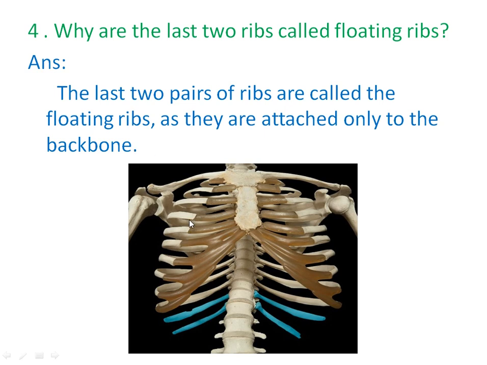See, this picture is an example for the floating ribs. See, this total we call the rib cage. The rib cage is made up of 12 pairs of bow-shaped bones. It protects the heart and lungs.